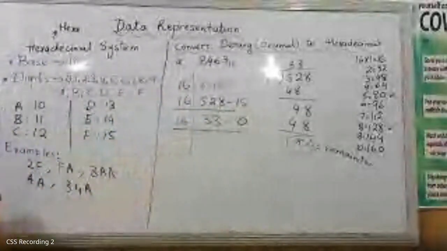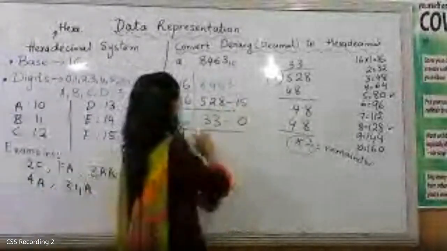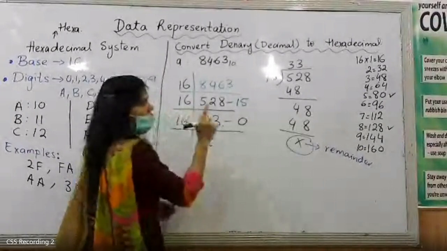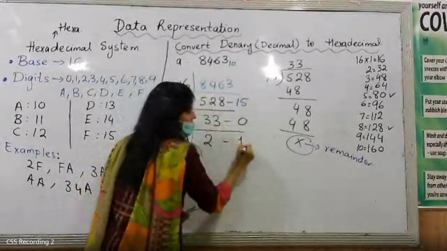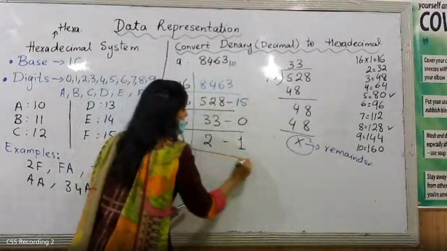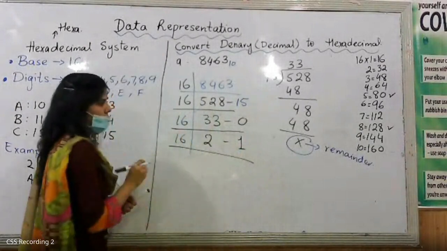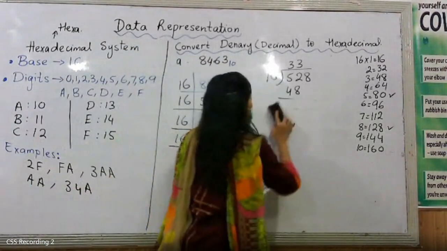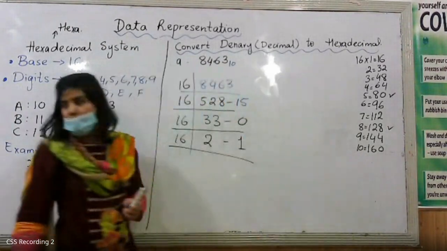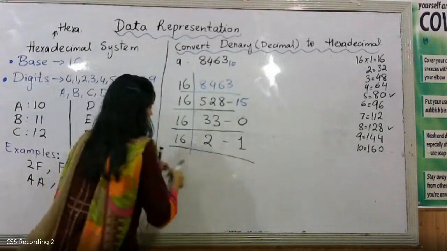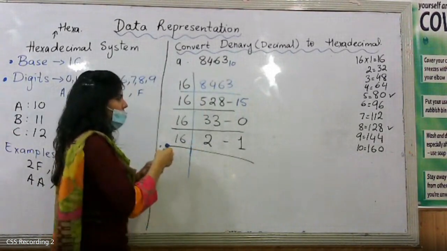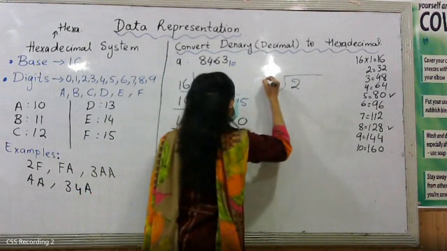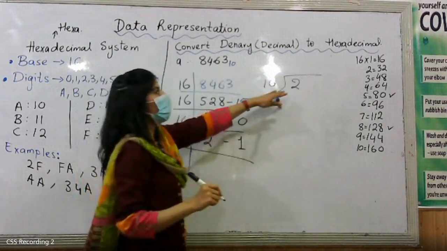33 divided by 16, how many times? 16 times 2, we got 32, and the remainder is 1. Then again with 16, at this step, students, just focus on this step. What we have to do is divide 2 by 16.